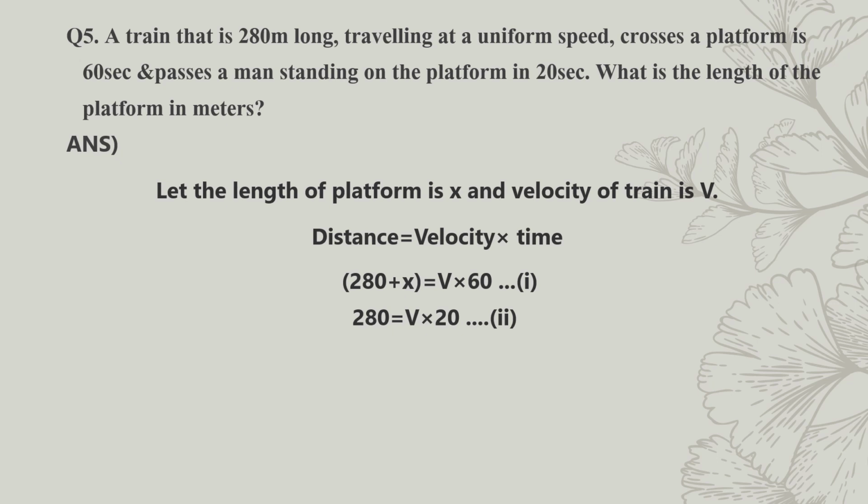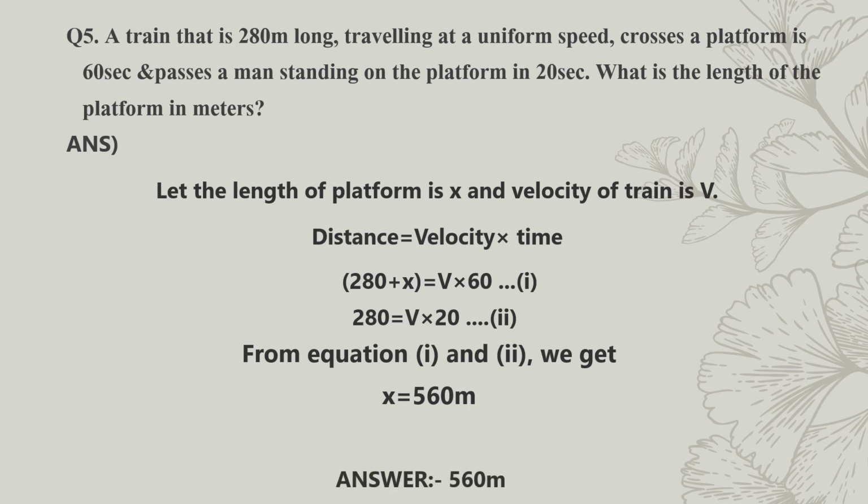So equation 2 is 280 equals v into 20, and equation 1 is 280 plus x equals v into 60, because the train crosses the platform in 60 seconds. Solving these equations, we get x equal to 560 meters. So the platform's length is 560 meters.